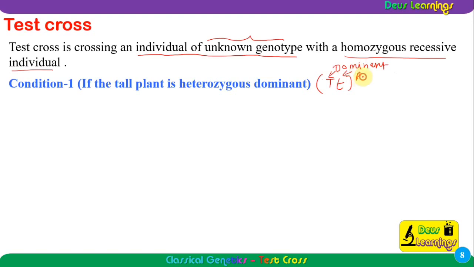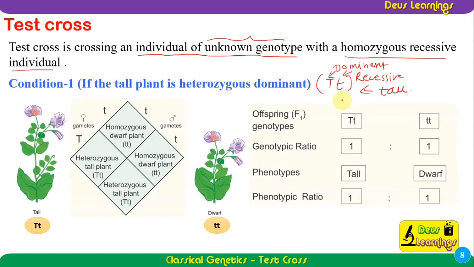But still this plant will appear tall, so you don't know whether this plant is homozygous dominant or heterozygous dominant. To find that, we cross it with a homozygous recessive individual.